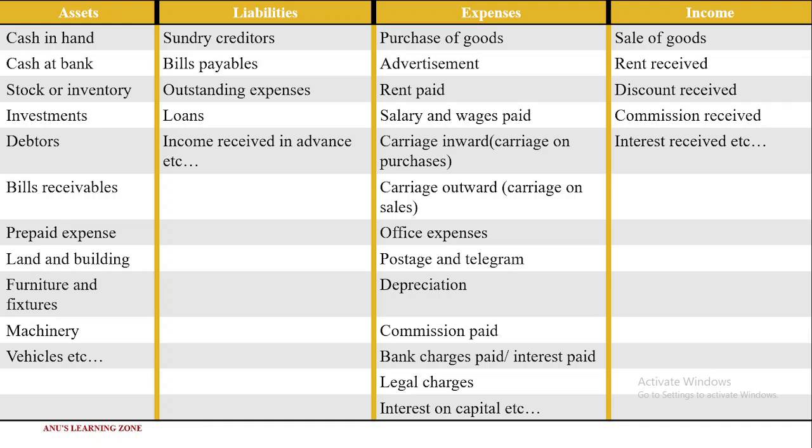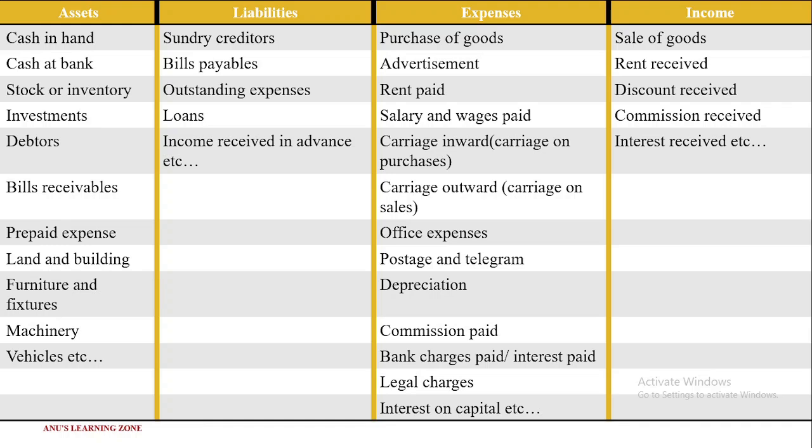You can see these terms in the question paper as well. When we practice the questions, we will be able to find more examples related to each of these categories.